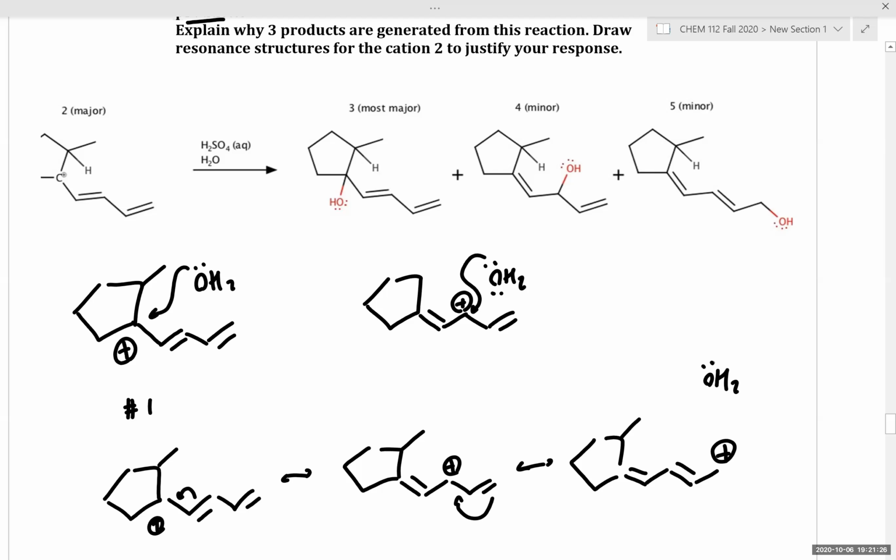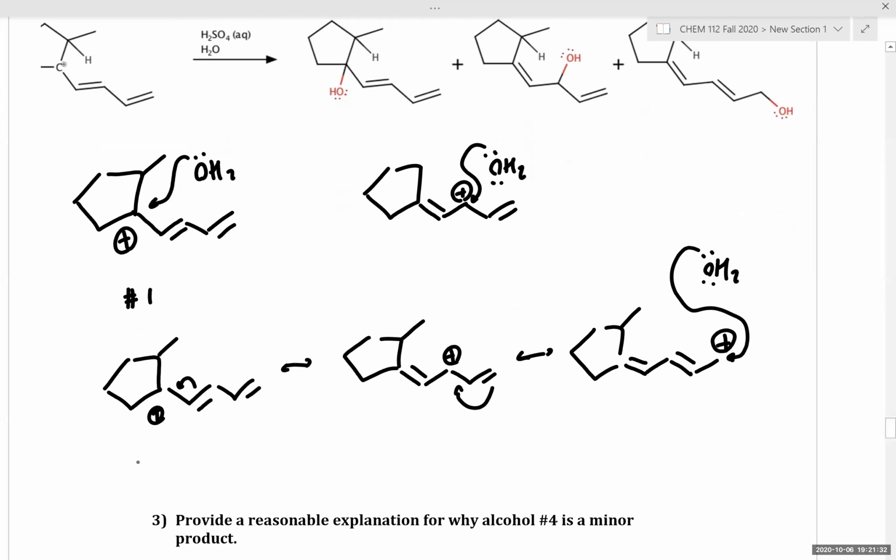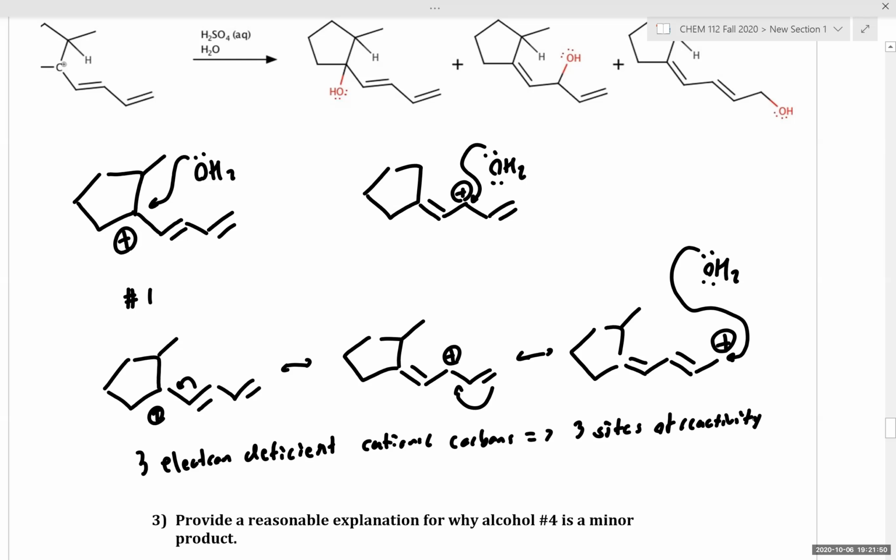And finally, in our third resonance structure, water can attack at our third electron deficient carbon. So there are 3 electron deficient cationic carbons. Ergo, there are 3 sites of reactivity leading to 3 unique products.